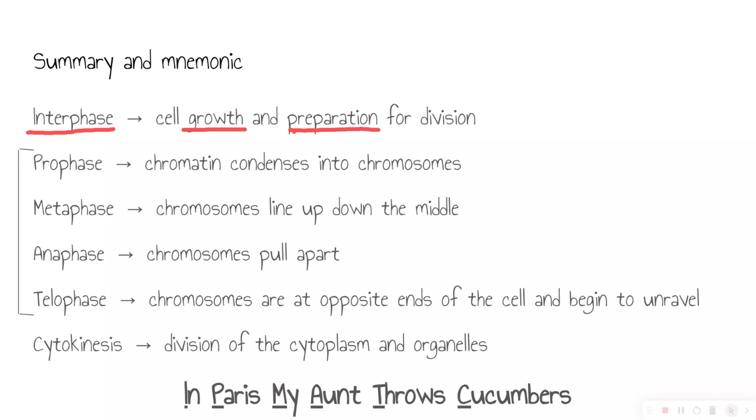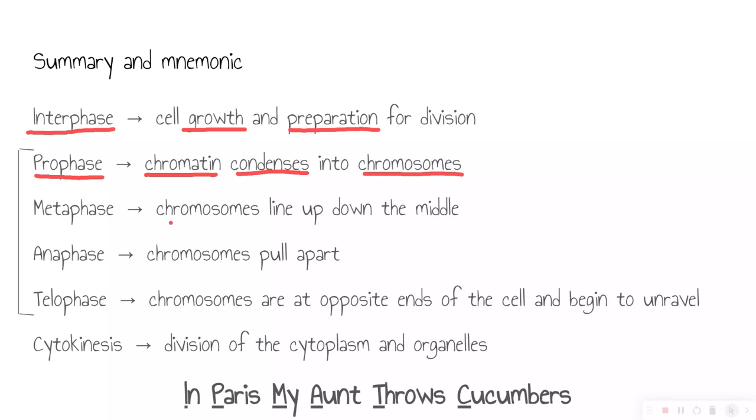But if everything is going well, then we're going to go into mitosis right here, and our first stage of mitosis is prophase. And remember that chromatin is going to condense into chromosomes, and we can see those with our microscope. So when you can see those chromosomes, you know you are in prophase. We've started mitosis.